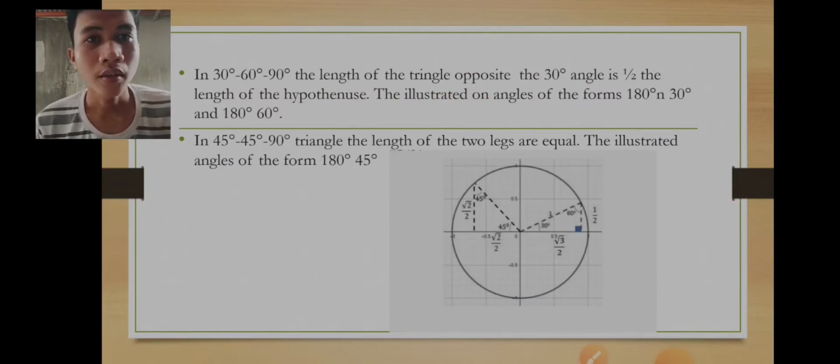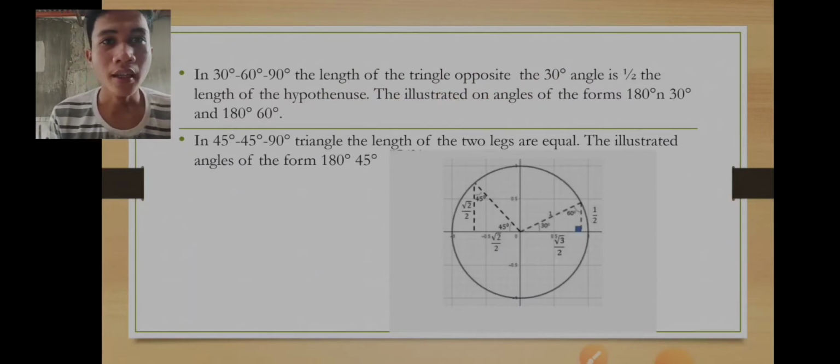So the special triangles are 30-60-90 triangles. The length of the side opposite 30 degrees is 1 half. The length of the hypotenuse is 1, and the illustrated angles are of the form 180 degrees minus 30 and 180 degrees minus 60 degrees.